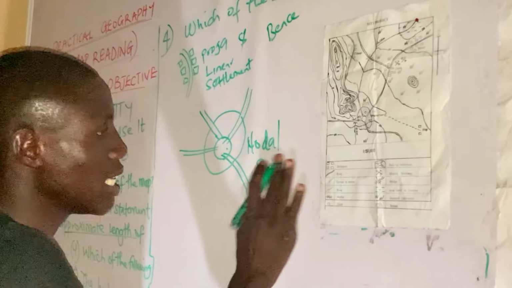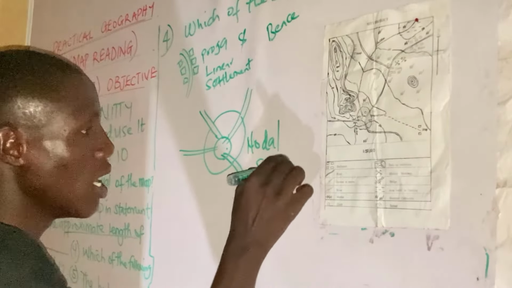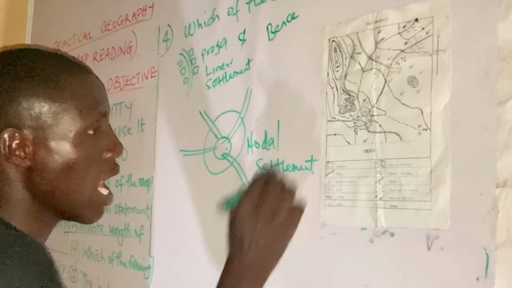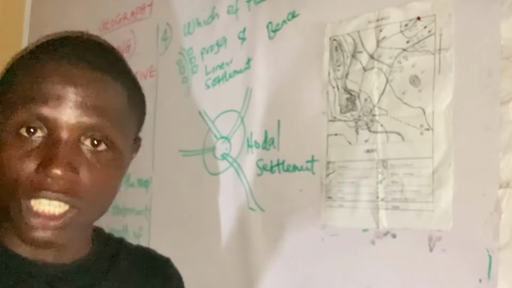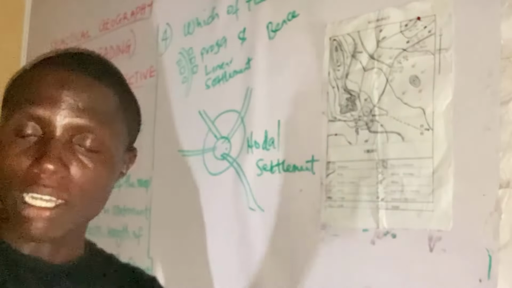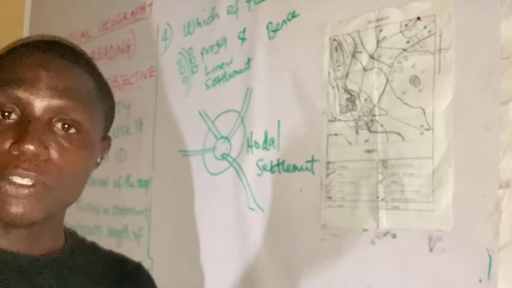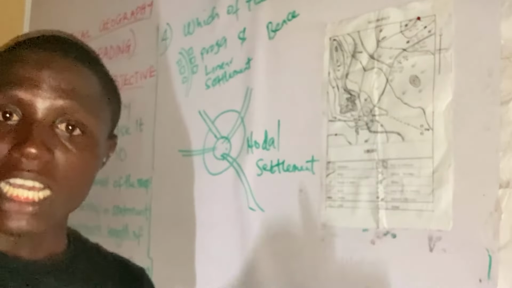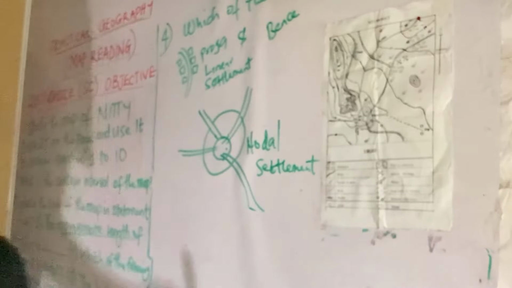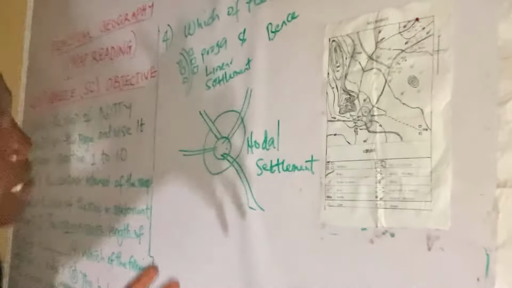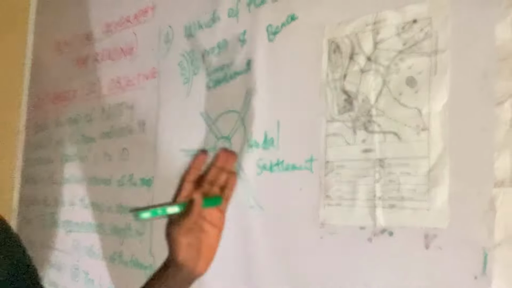When the buildings are located around the meeting point of roads, a station, we can call it a station. Whenever settlements or buildings are being made around a station where roads meet, around a junction where roads meet together, we call that nodal settlement.